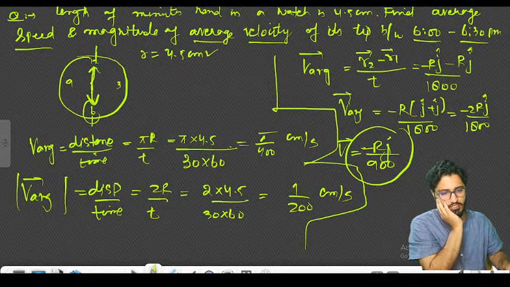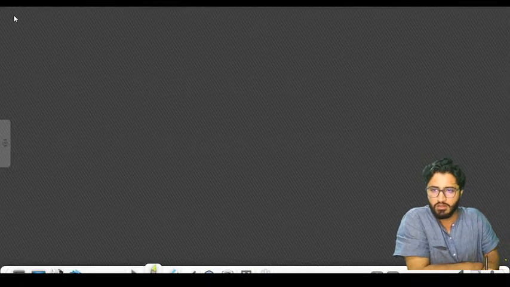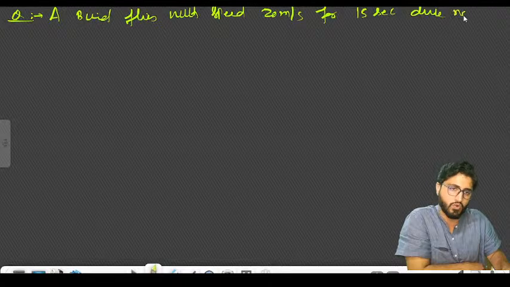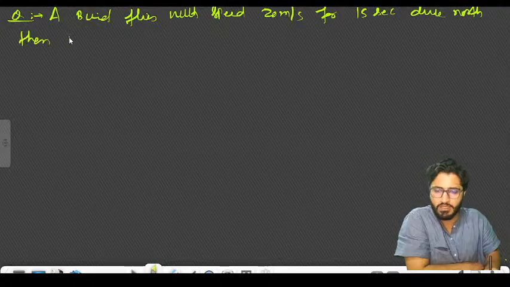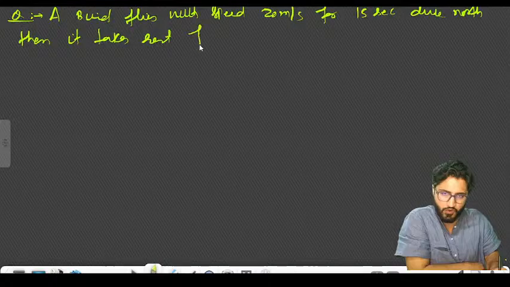Okay. Next numerical. A bird flies with speed 20 meter per second for 15 seconds due north, plus J. Then it takes rest for 5 seconds.